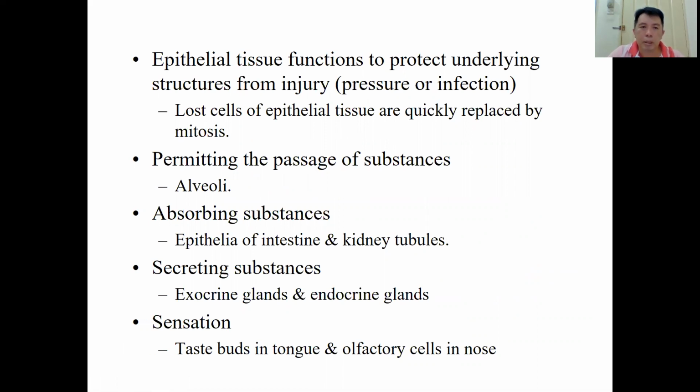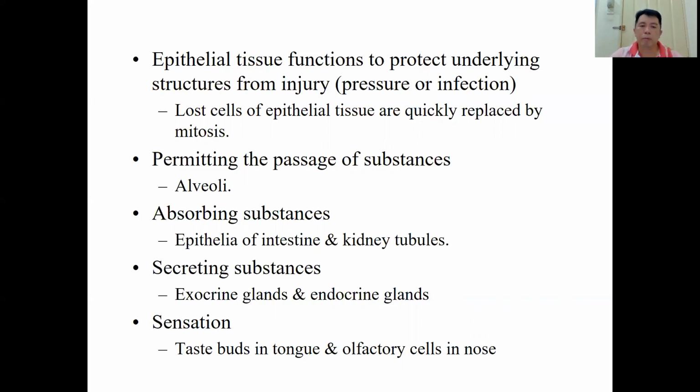Epithelial tissues also permit the passage of substances, for example in the alveoli, where respiratory gases diffuse through. They absorb substances, as in the intestine, especially the small intestine, and the kidney tubules, where nutrients, water and glucose are absorbed through the epithelium.